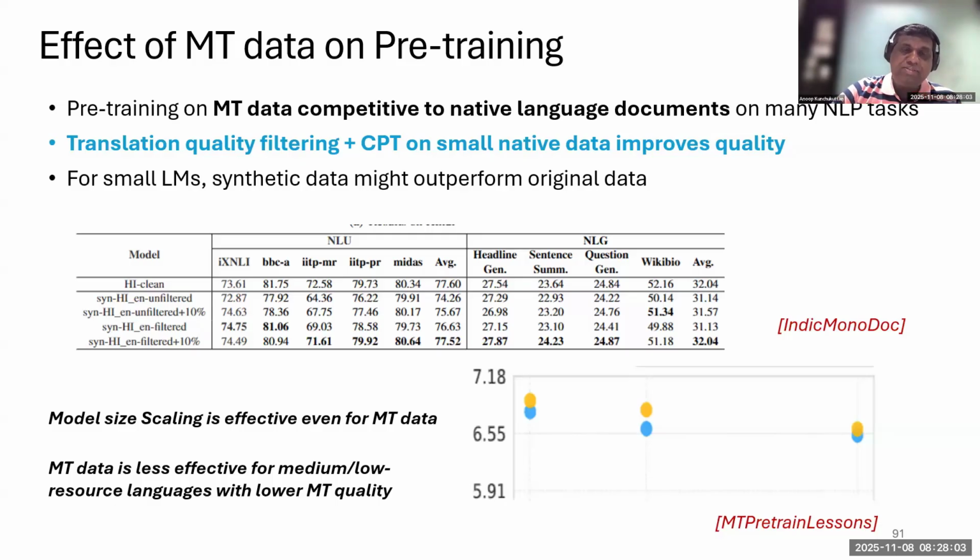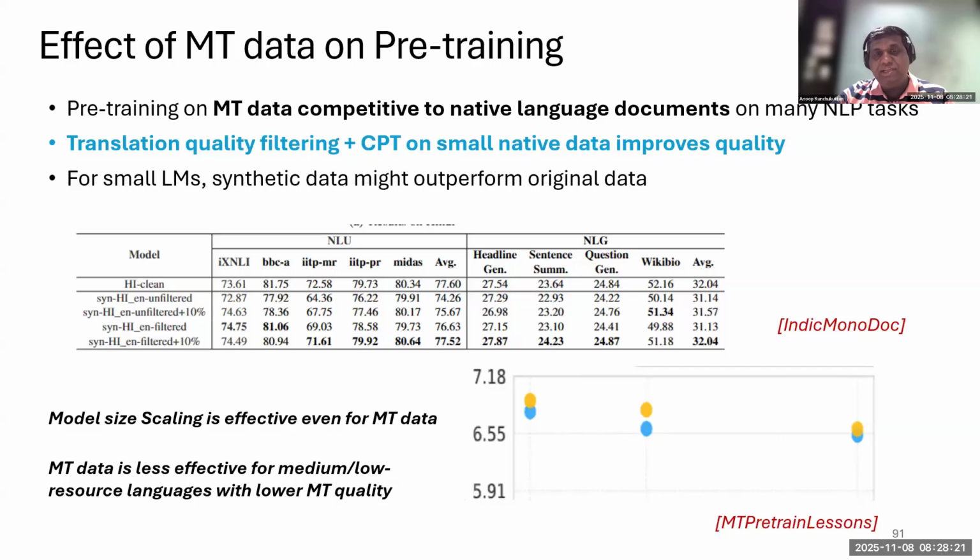For small language models, in fact, synthetic data might outperform original data because maybe those distributions are simpler for the model to learn. What's also interesting is that model size scaling applies even to machine translated data.